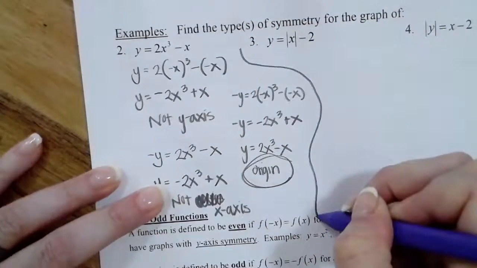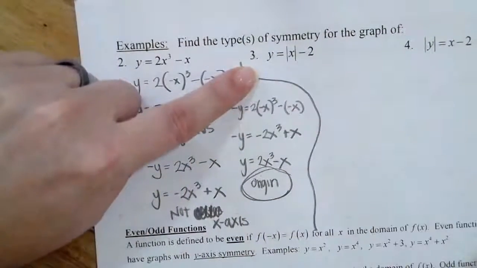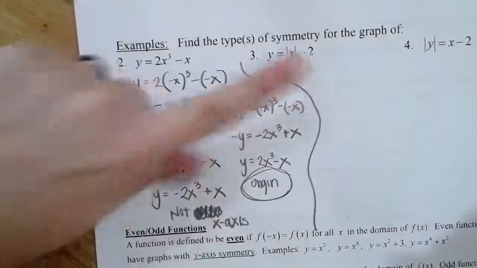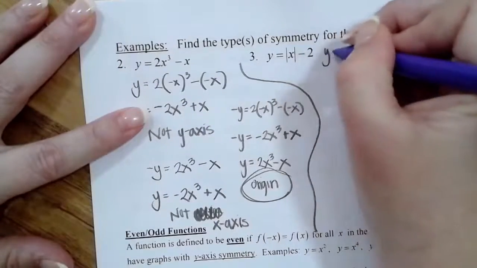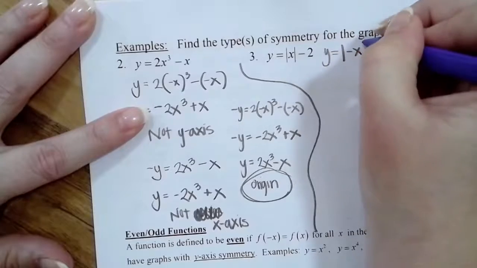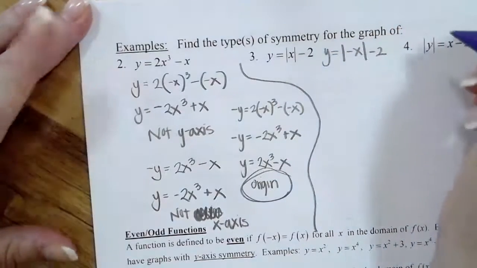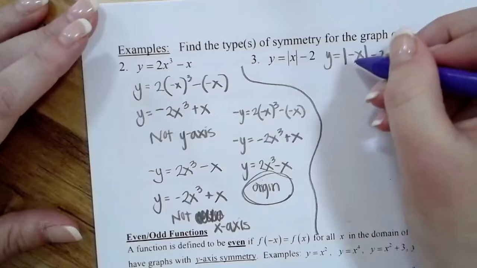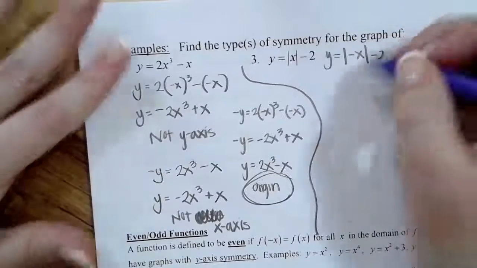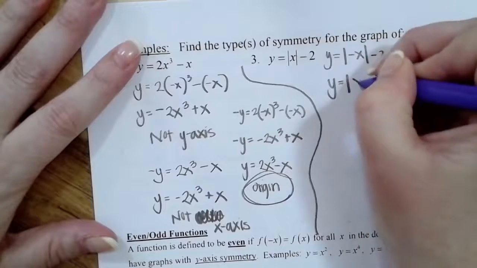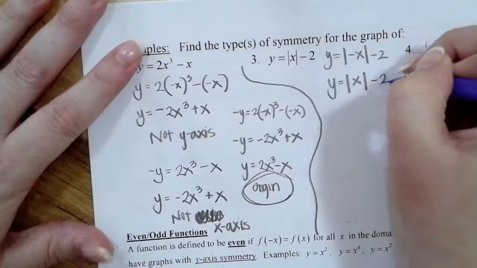Example number 3, y equals absolute value of x minus 2. So let's try the y-axis first. So y equals absolute value of negative x minus 2. Absolute value of anything is going to end up being the positive. So it's the same as writing the positive absolute value.